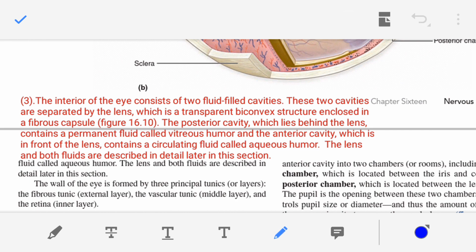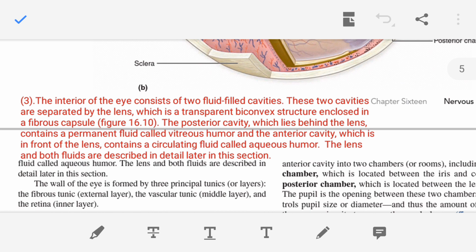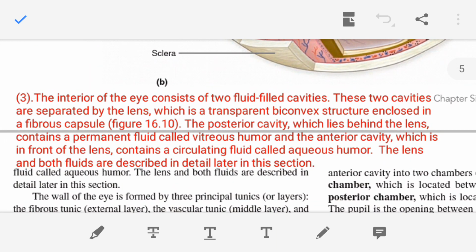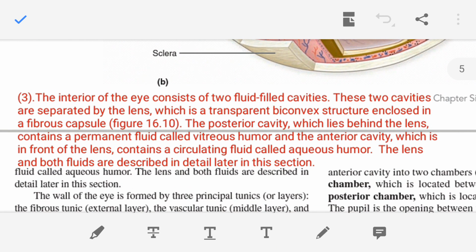Now the lens and both the fluids are described in detail later in this section. So we are going to discuss the lens and both the fluids in the coming points.